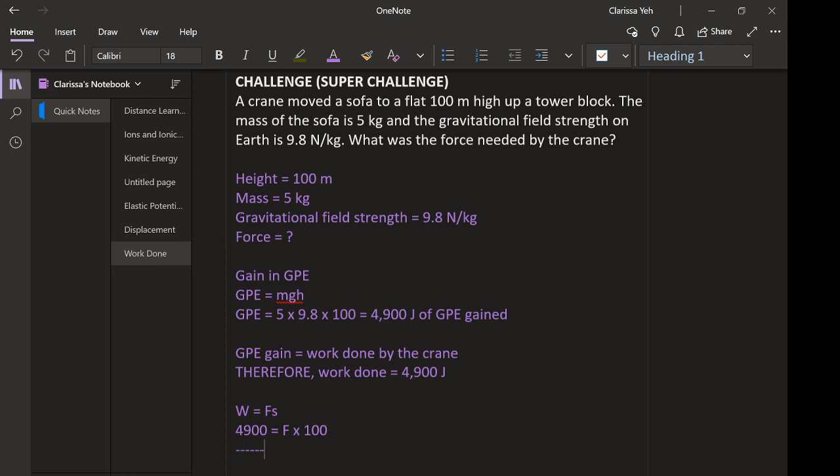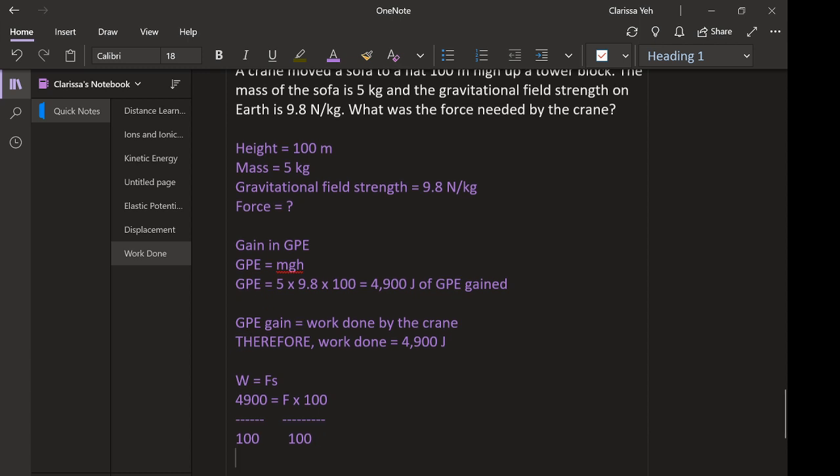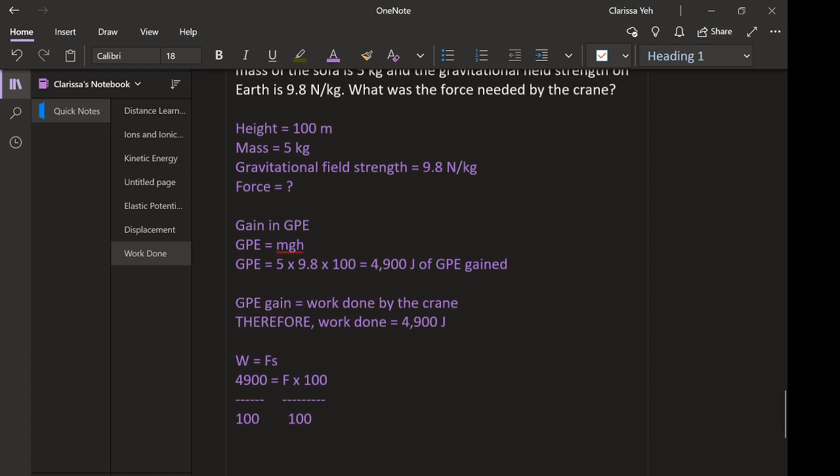Now, once again, we're solving for F, so we have to get rid of the 100 by doing the opposite. We're dividing both sides by 100. And then we are left with 49 newtons of force needed.